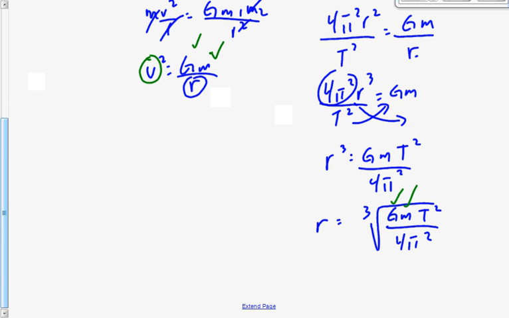So the orbital period is going to be 24 hours, which corresponds to how many seconds? 24 times 60 gives me minutes, times 60 again gives me seconds. I think it's 86,400, I think. Is it? Okay, now we can do this.